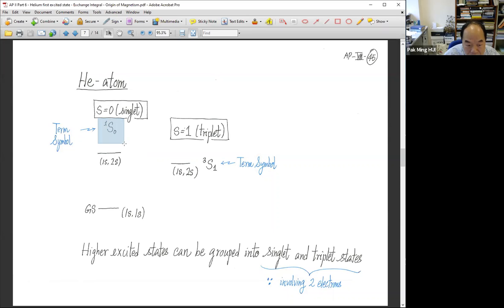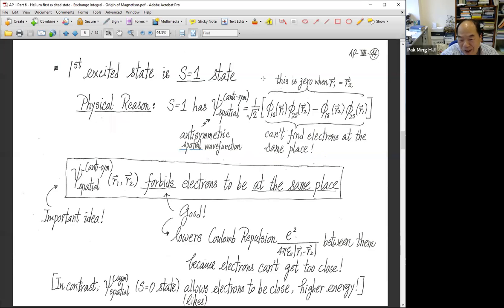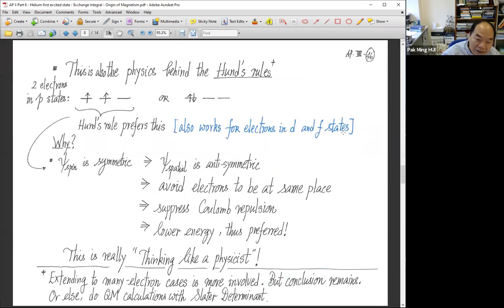Here, I also introduced the same term symbols that we introduced in the hydrogen discussion. And that leads us to a simple way of understanding why it is so, right? Avoid the two electrons being too close to each other, okay? And that is also related to something called Hund's rule.